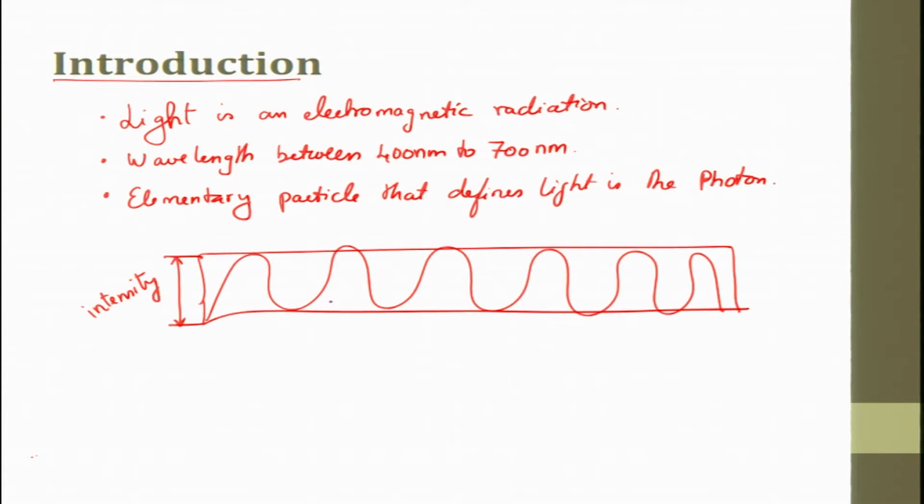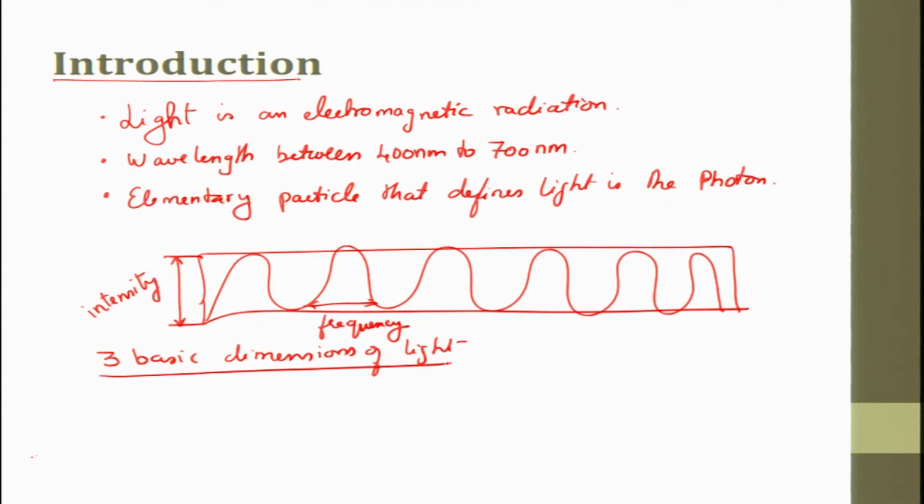And this is called the frequency. So, what is intensity? In light there are three basic dimensions of light. So, light has only three basic dimensions.